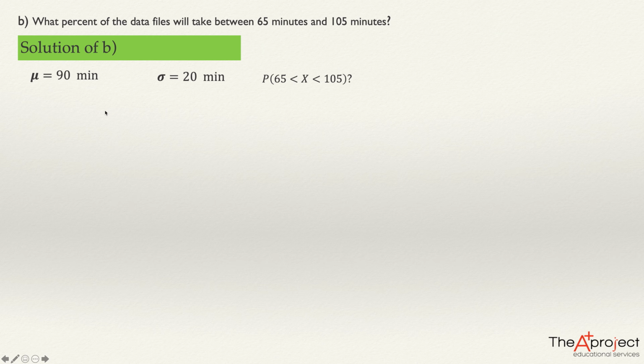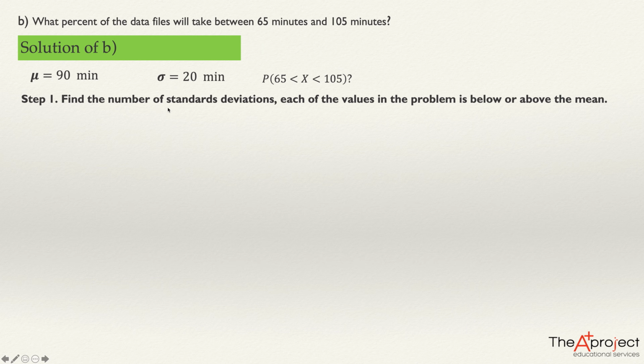Okay, so what is the first step of the problem? Find the number of standard deviations each of the values in the problem is below or above the mean. In other words, find the z-score, the z-score of 65 and also the z-score of 105. Now we have two values to find the z-score. Use the formula z equals x minus mu divided by sigma.